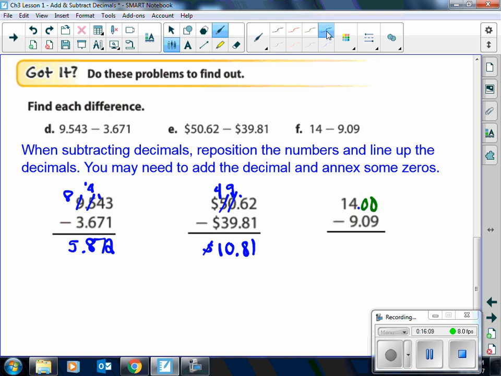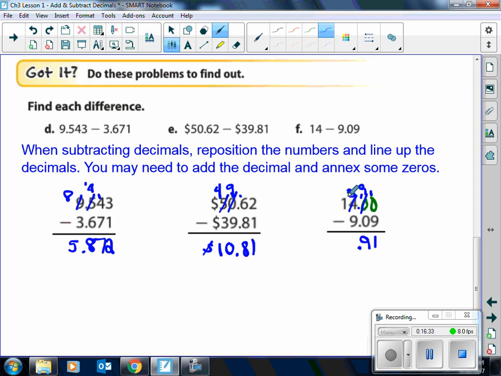Okay? So we're going to borrow from the 4. That becomes a 3. And then that 0 becomes a 10. But I still can't subtract the 9, so I'm going to borrow from that 10. That becomes a 9. And now we can subtract. So 10 minus 9 is 1. 9 minus 0 is 9. There's my decimal.